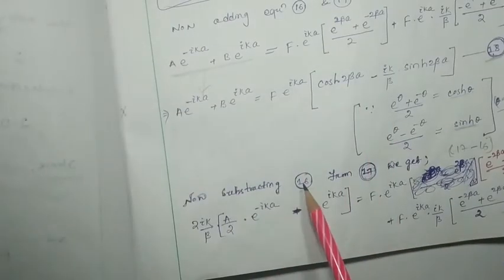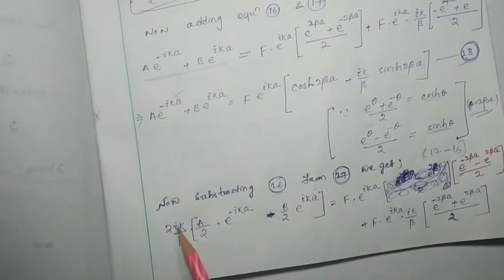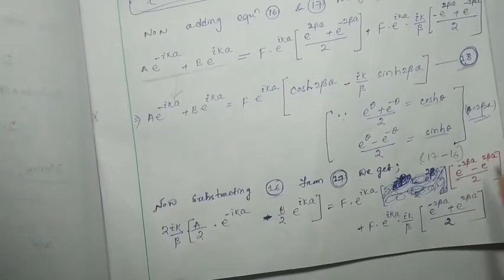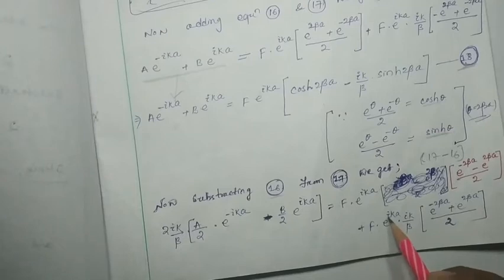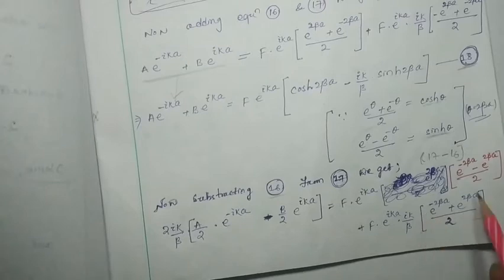Likewise, by subtracting this from this we get 2ik by beta into a by 2 into e to the power minus ik minus b by 2 e to the power ik is equal to f e to the power ik into e to the power minus 2 beta a minus e to the power 2 beta a divided by 2, plus f e to the power ik into ik by beta into e to the power minus 2 beta a plus e to the power 2 beta a by 2.